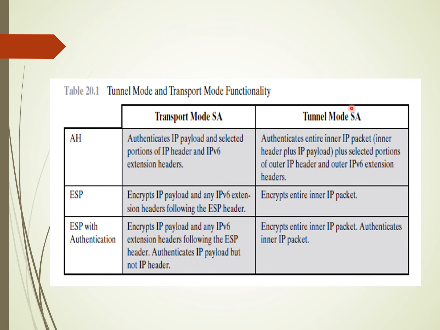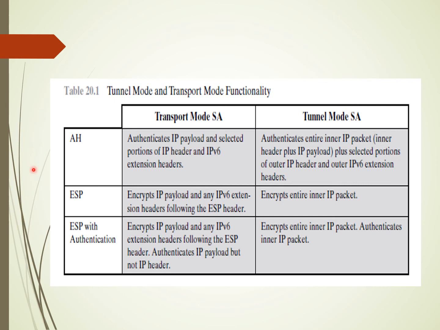The whole packet is considered an inner packet, where the inner packet consists of the original IP header as well as the payload, which is the actual data. It treats the whole packet as an inner packet, and for the inner packet it provides the security. That is how transport mode and tunnel mode security associations are implemented.